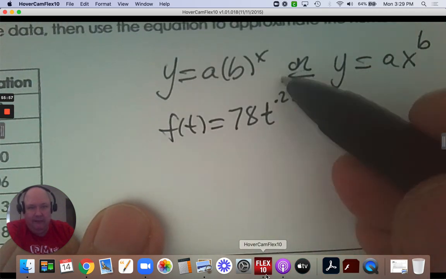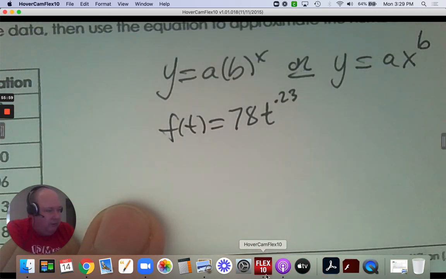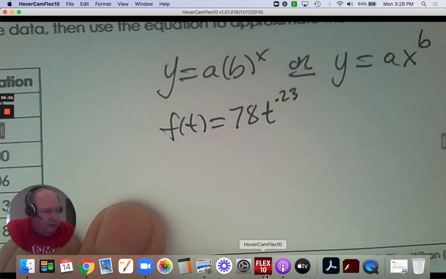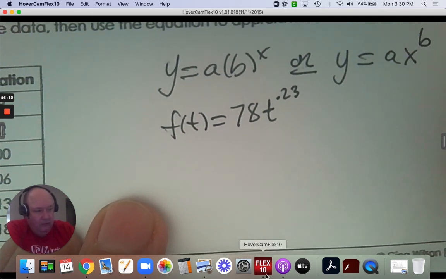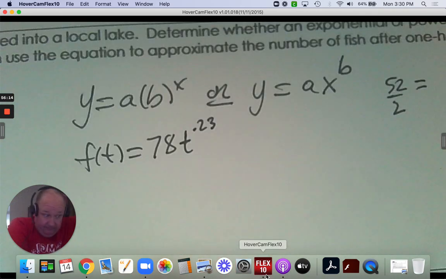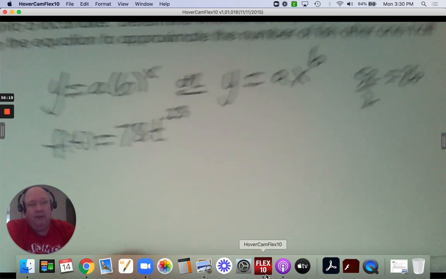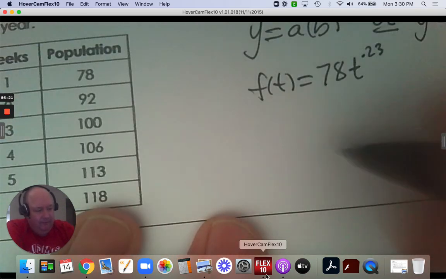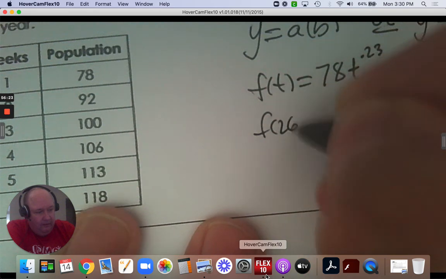So that's A and B. And then we want to use the equation to approximate the number of fish after half of a year. So half a year is how many weeks? 52 divided by 2. So that's 26 weeks. How many fish will there be in 26 weeks?